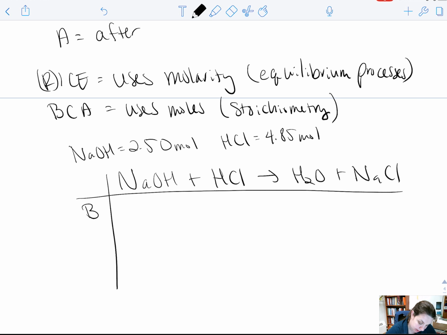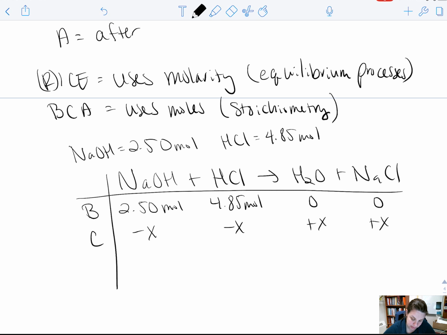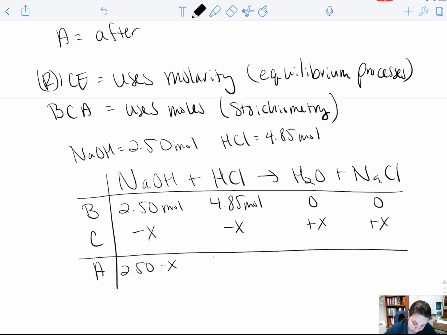So before, we have 2.50 moles and 4.85 moles with 0 here, 0 here. Our change, same thing. We're going to use stoichiometry. So minus x, minus x, plus x, plus x. And after, we're going to have 2.50 minus x, 4.85 minus x, and then we'll have x and x.